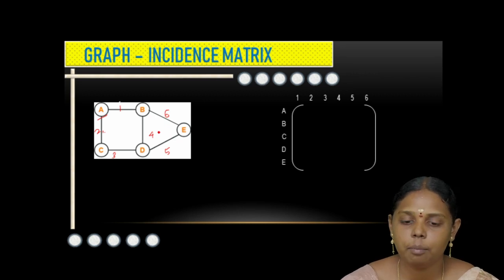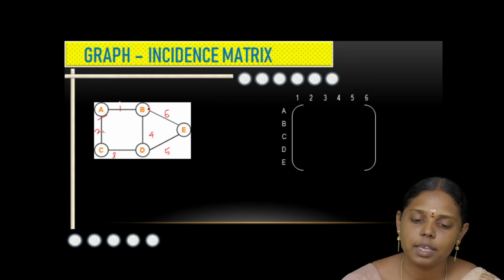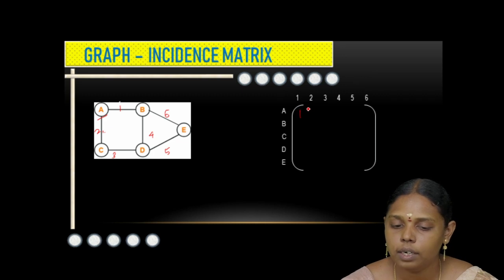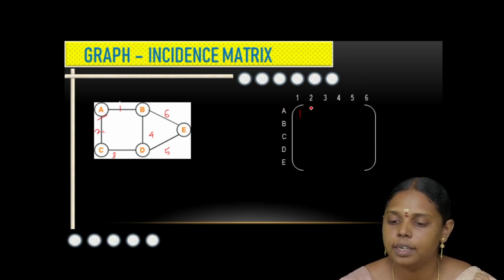So if we rename these edges with these numbers, we can say that the vertex A is incident with the edges 1 and 2. So in the first row we need to put 1 in the first and second column, and all the remaining entries will be 0.